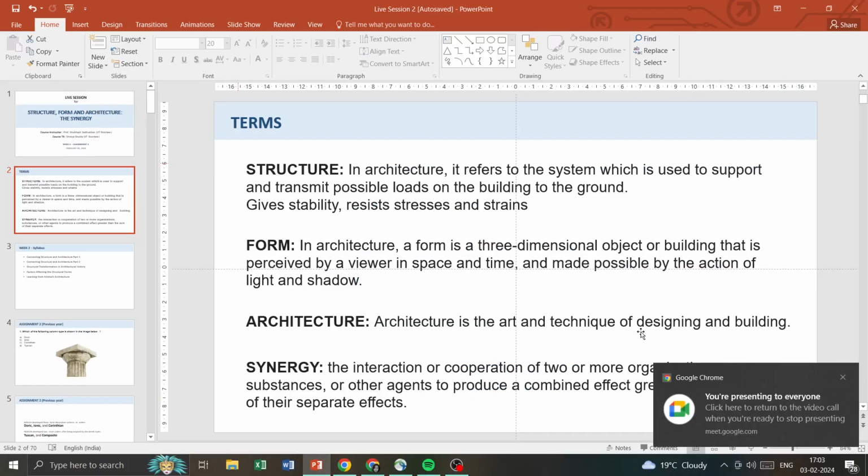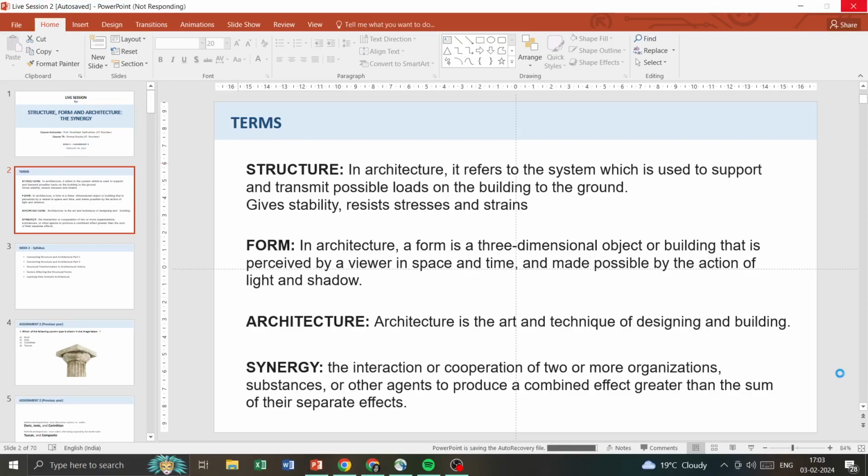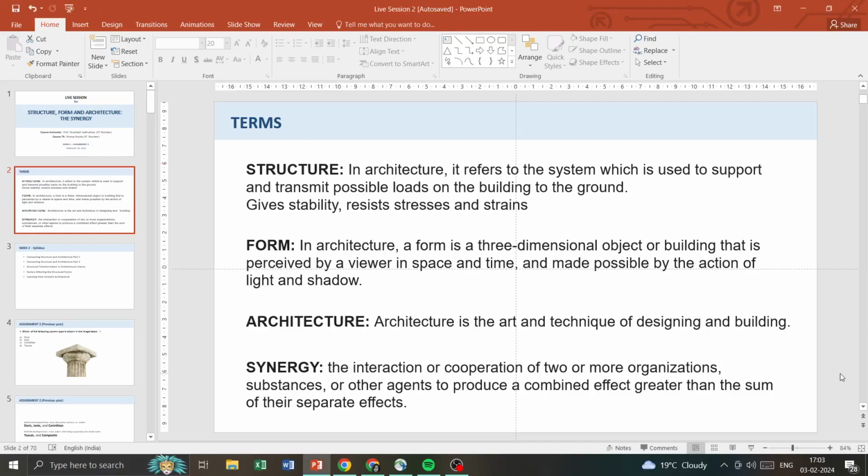I have covered this in the last session itself, but I'm covering it again. Structure, form and architecture. Structure refers to the system which is used to support and transmit possible loads in the building.